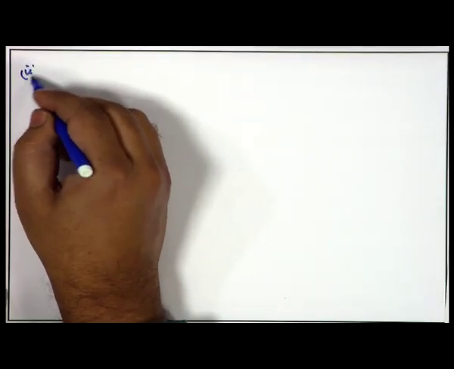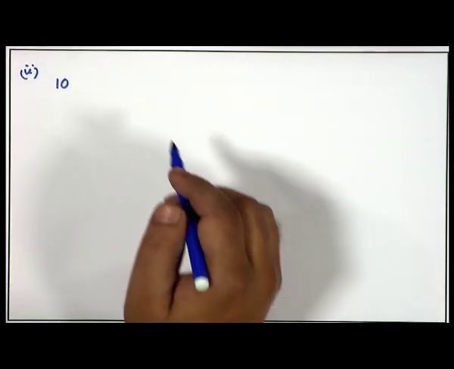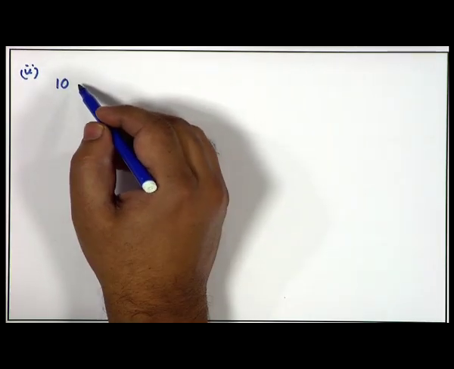Now, in the second part of this question, we will do the same thing. Instead of a reversible isothermal way, we will do it in two parts.